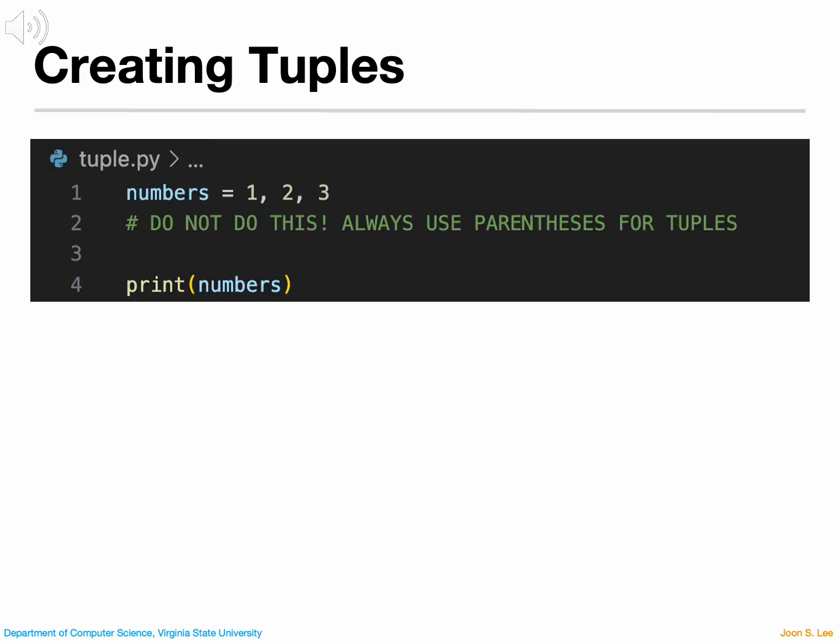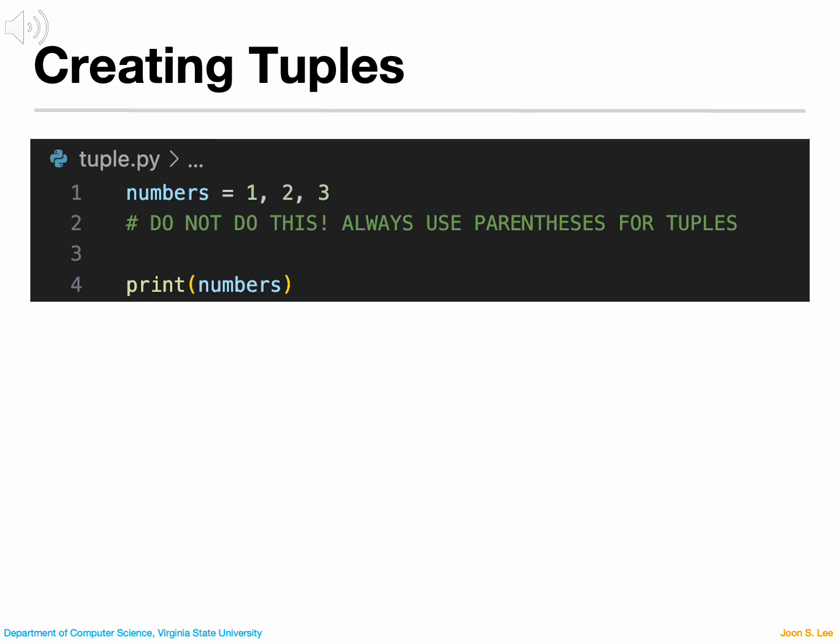Let's look at this example. In Python, line 1 creates a tuple. If we print it, Python will display parentheses 1, 2, 3 parentheses. So technically, this works. However, try not to write tuples this way. Always use parentheses when creating tuples. Why am I saying that if the code works? Because parentheses make your code clear and readable.